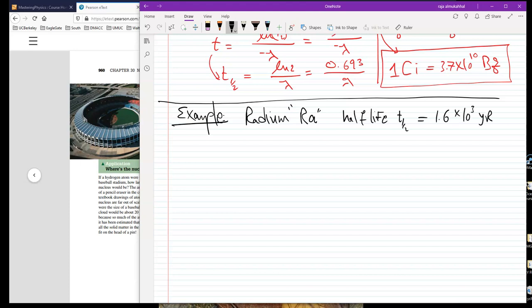That's the half-life, the time it takes to lose half of its sample. Now the problem says, if a sample contains initially N naught equals 3 times 10 to the 16 nuclei.